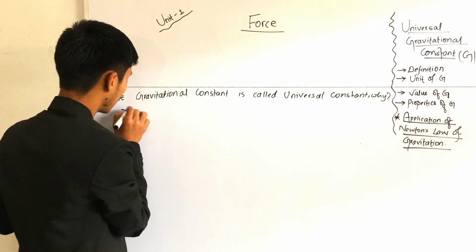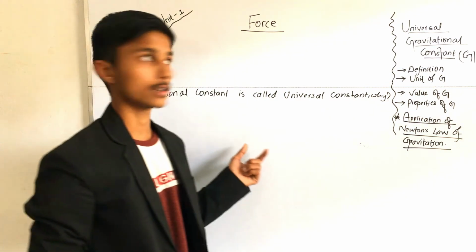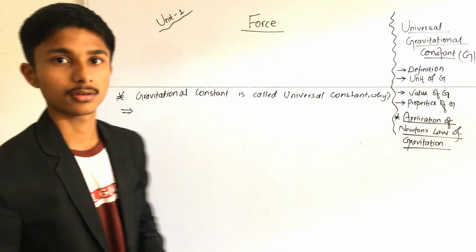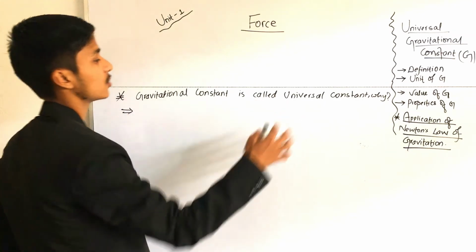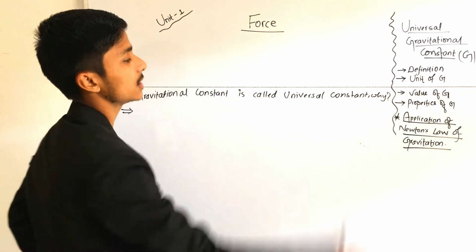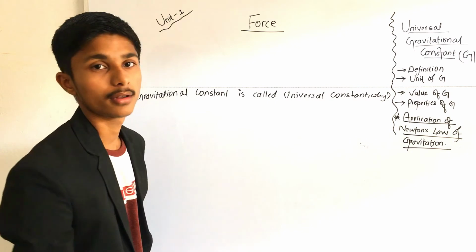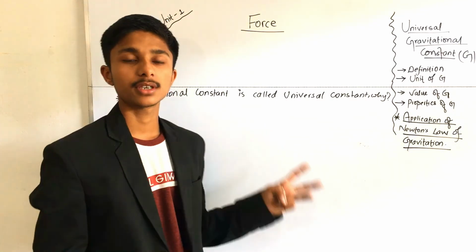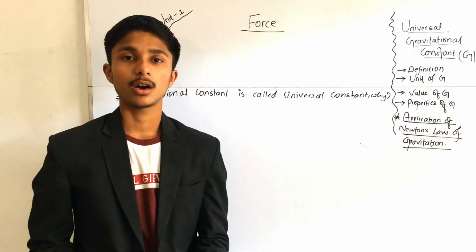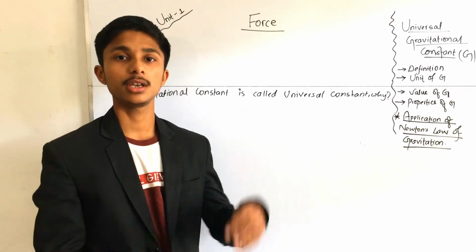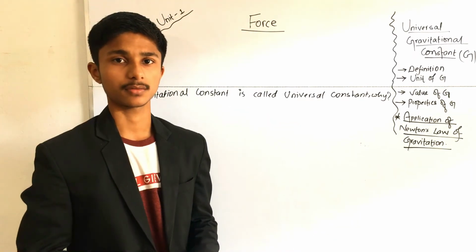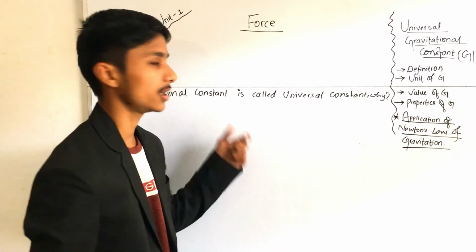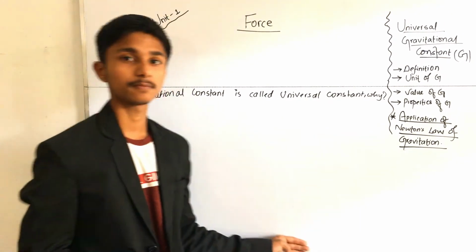This is a very popular question under this fourth topic. Gravitational constant is called universal constant. Why? Since the value of gravitational constant is independent of any temperature and pressure, and is independent of the nature of the medium.